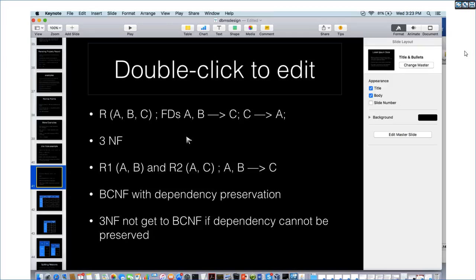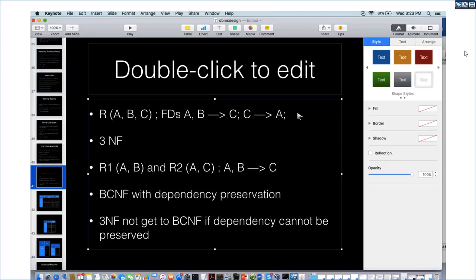That's the requirement when we take a given relation and split it into R1 and R2. This original relation and the dependencies are coming from the entity relationship model.